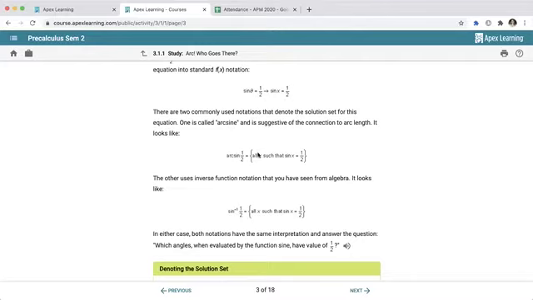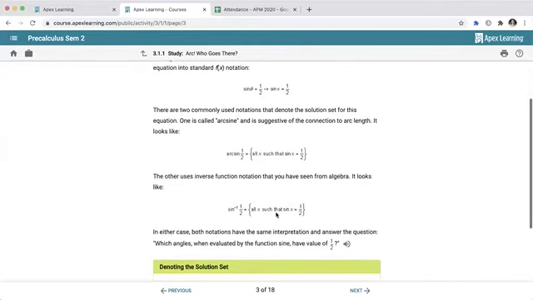And what this is going to equal is all of the answers that will satisfy our angle theta. One other thing to point out is that the solution set is in these curly brackets. That's just a notation thing that you'll have to get a little more familiar with if you're not already.